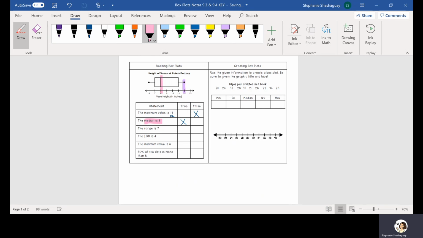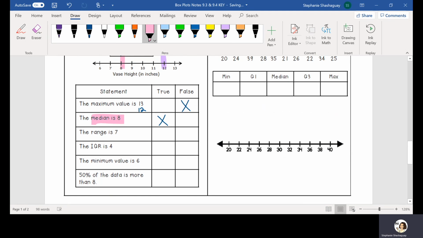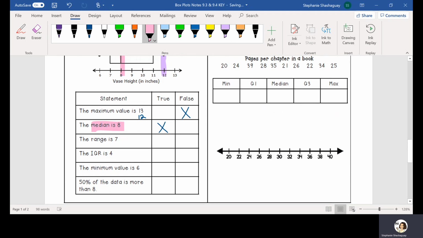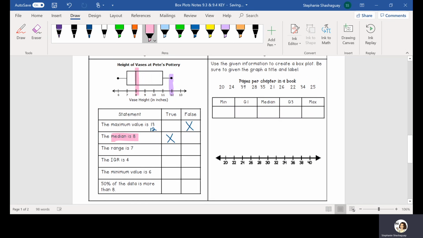That is true. The range is 7. Well, the entire range, because it didn't ask for interquartile range, it just asked for the range. The range here goes from 6 all the way to 12. Well, 12 minus 6 is not 7, it's 6.